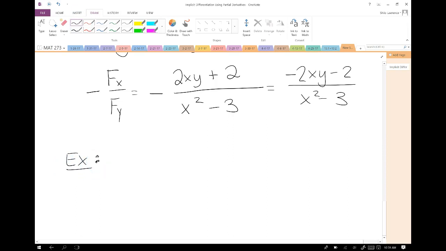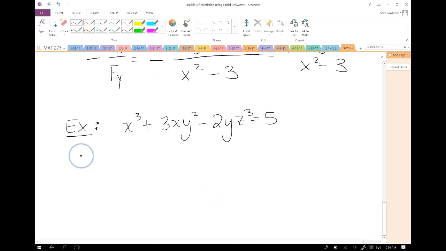So this time I'm going to give you one function and we're going to calculate a couple of different derivatives. So let's consider the function x cubed plus 3xy squared minus 2yz cubed equals 5.